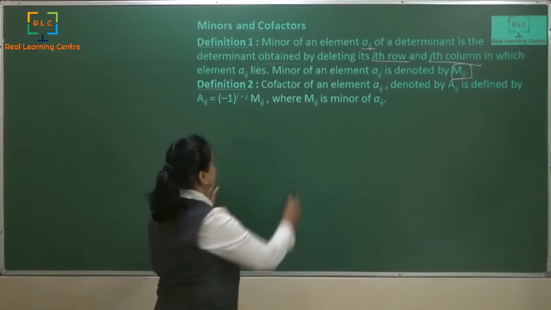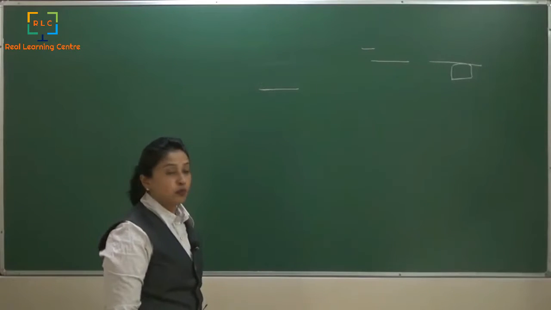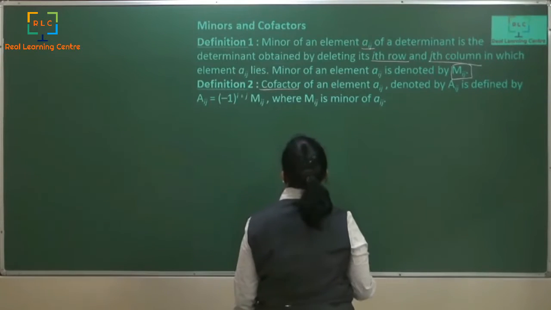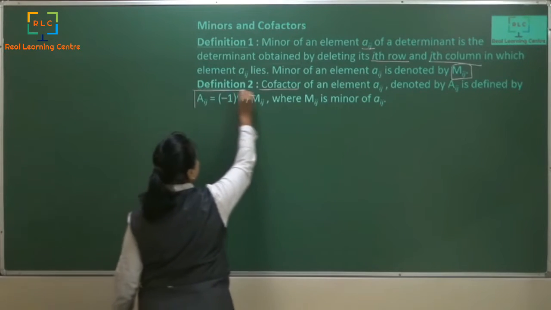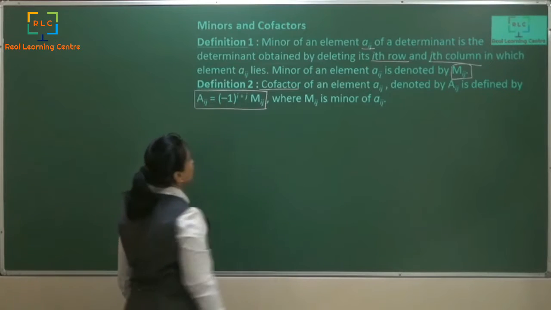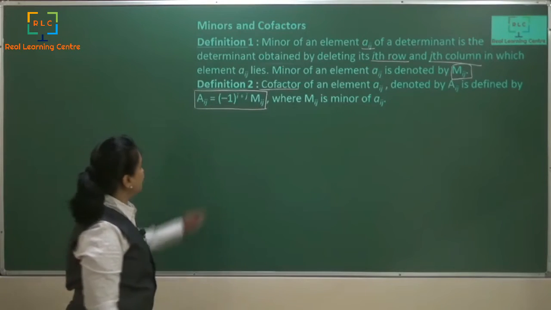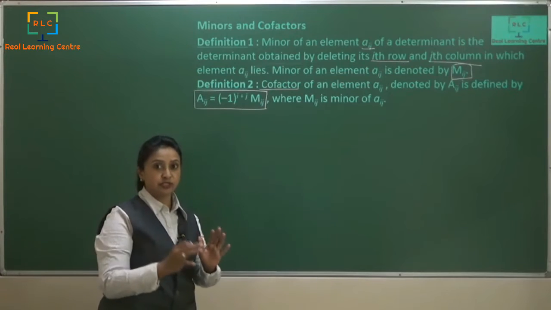Definition 2, that is cofactor of an element. Cofactor of an element is given by capital Aij, and its formula goes like this: Aij is equal to minus 1 raised to the power of i plus j into Mij, and this minus 1 to the power of i plus j will give you the sign convention of a determinant.